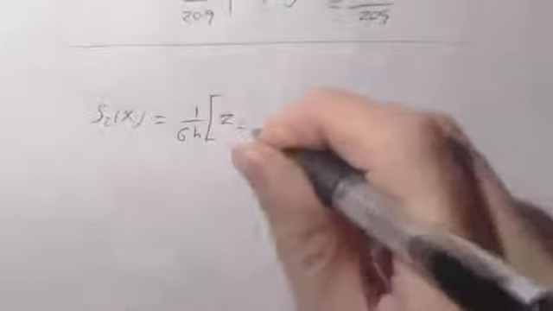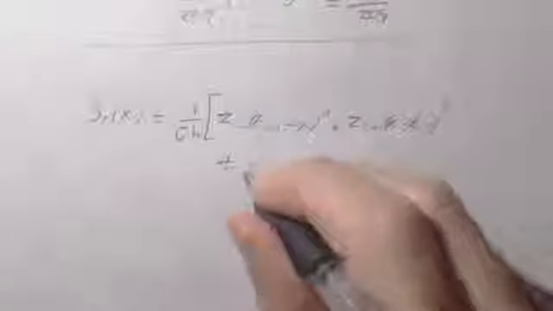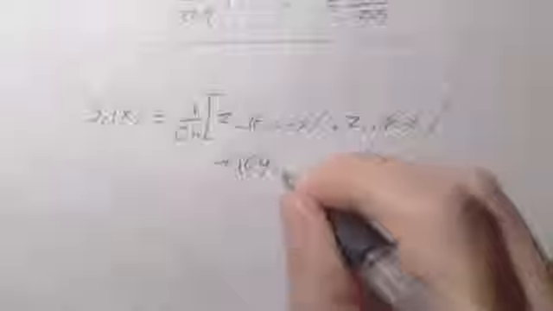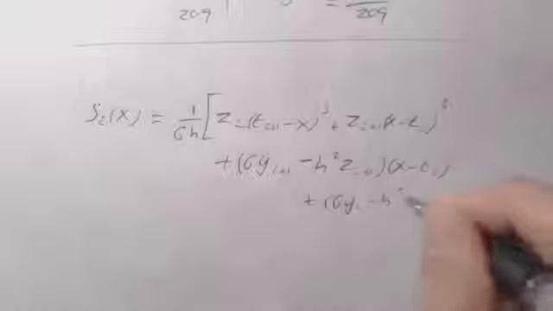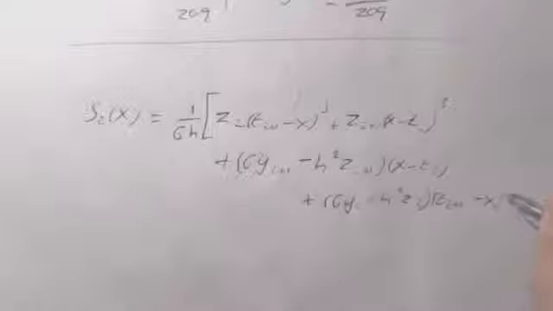Zi (t_{i+1} minus x) cubed plus z_{i+1} (x minus t_i) cubed plus (6y_{i+1} minus h squared z_{i+1}) (x minus t_i) plus (6y_i minus h squared z_i) (t_{i+1} minus x).